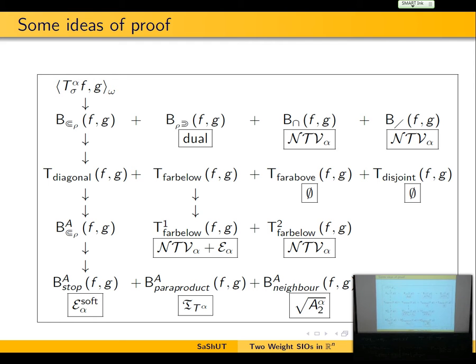corona decompositions. The first one looks at how f and g, actually you only need to do it in f, how it behaves. So basically you stop every time you have the expectation over an interval sigma of I of f bigger than, let's say, 4 times the corresponding expectation, let's call it I prime.